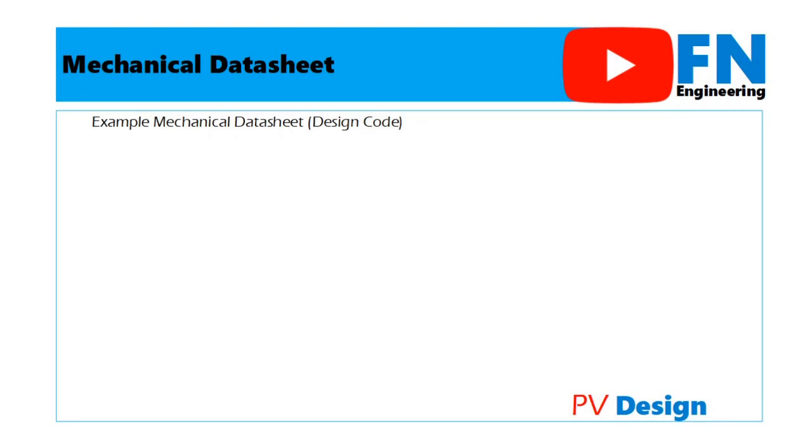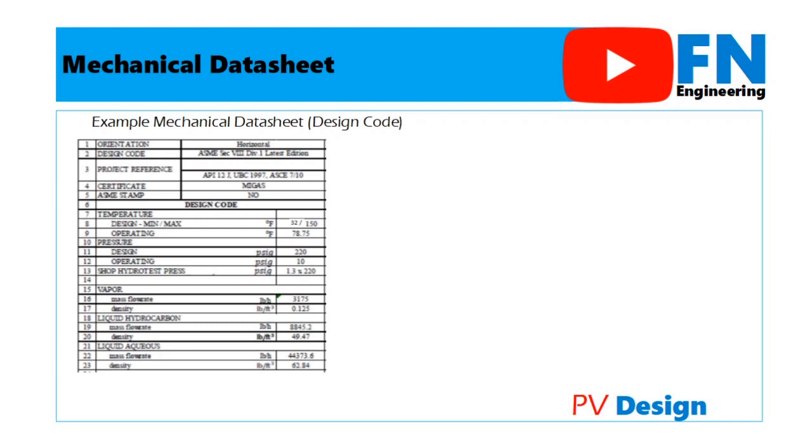This is an example of a mechanical datasheet regarding design code. I will briefly overview this data. The orientation of the vessel is horizontal. The design code uses ASME Section 8 Division 1 latest edition, so we will use the 2019 edition.